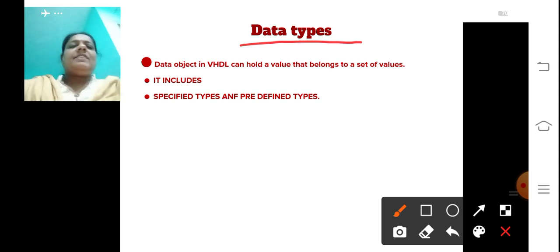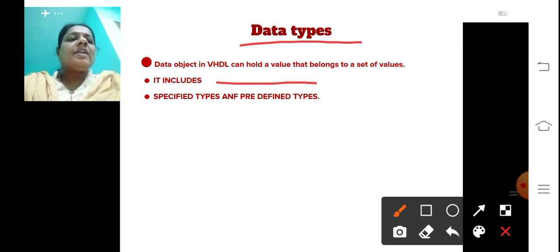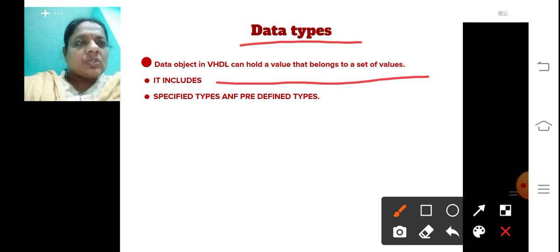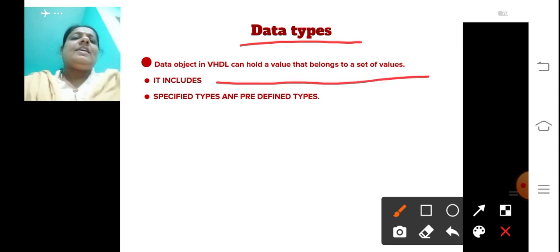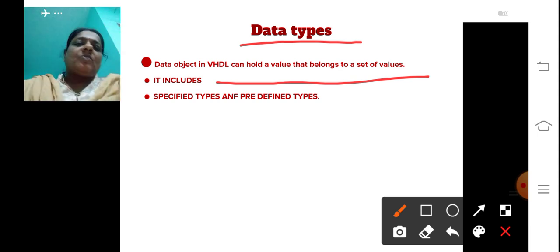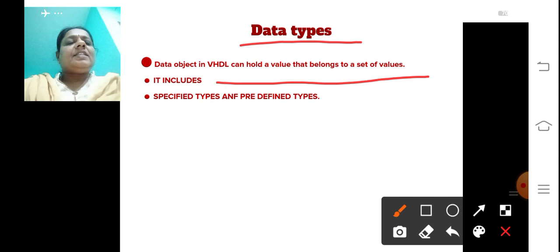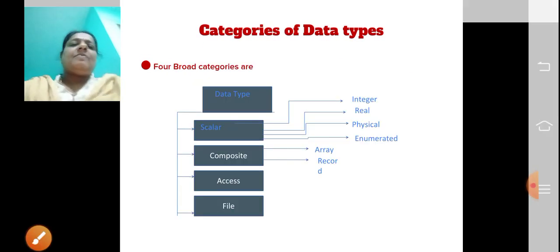Data objects in the VHDL can hold a value that belongs to a set of values, and that set is called the data type. In the VHDL, there are some predefined data types. Let us study them one by one.